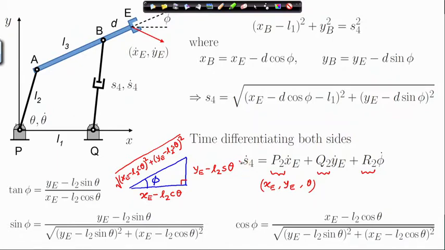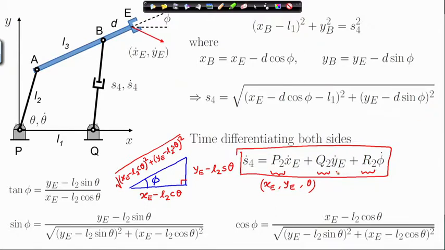And this relation is between the velocities s 4 dot, x e dot, y e dot and phi dot. I have eliminated phi. The next step is to eliminate phi dot. Then I would have a relation between x e dot, y e dot and s 4 dot.